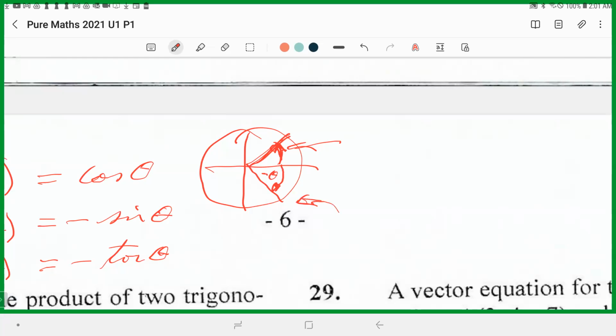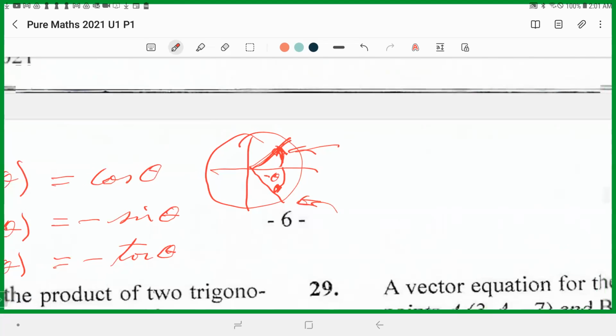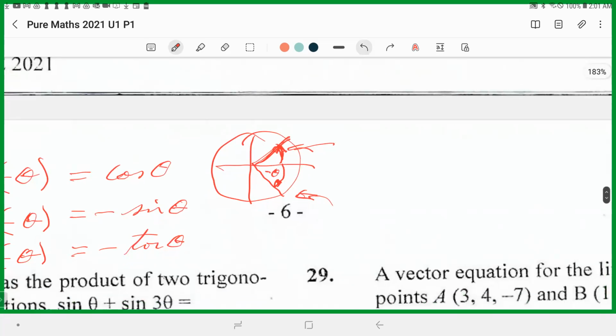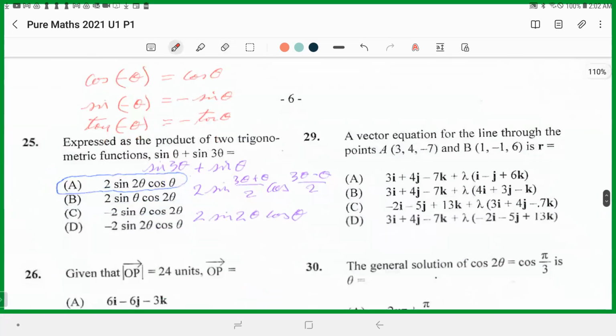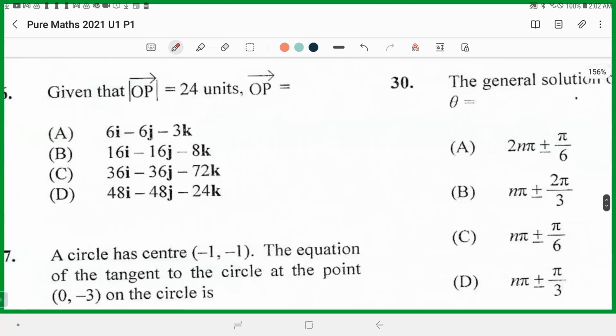That's why the cos of a negative angle is still a positive value, the same as the cos of the same positive angle. So that is why, just in case you want to know why everything can be connected in a closed loop.